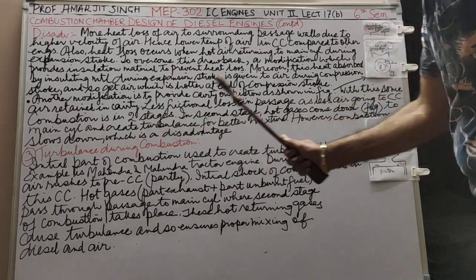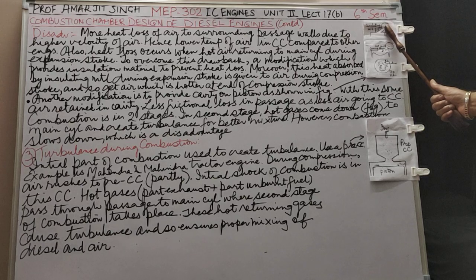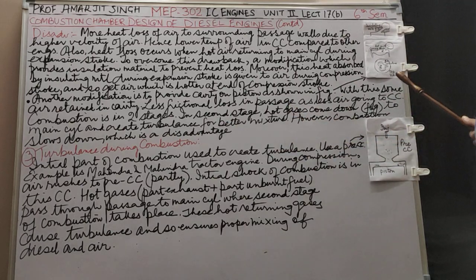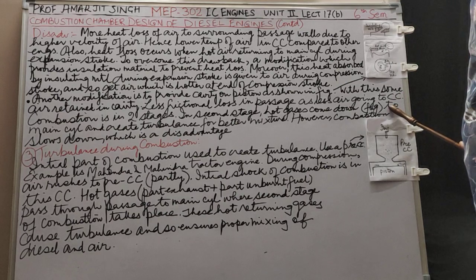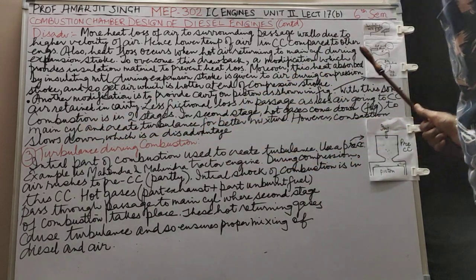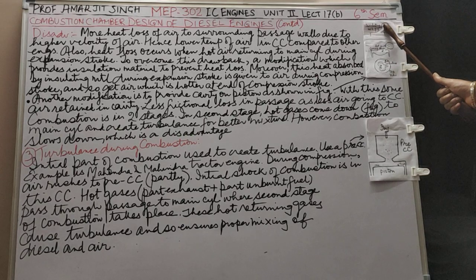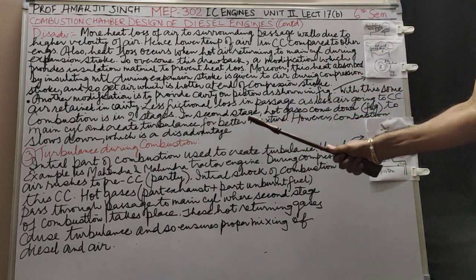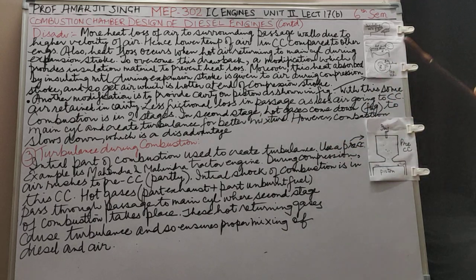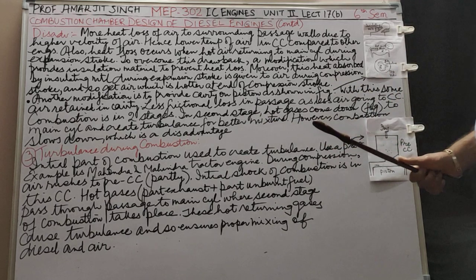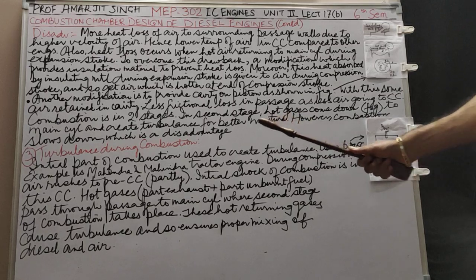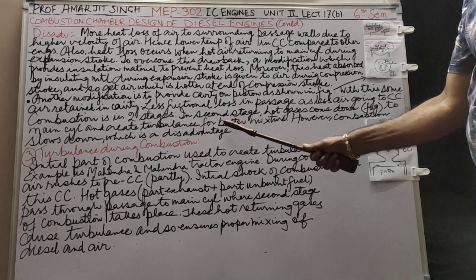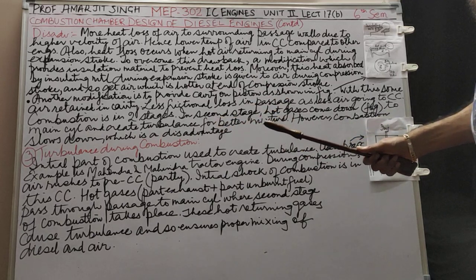So combustion is in two stages. The first stage was in the pre-combustion chamber. In the second stage, hot gases come down to the main cylinder. Second stage is in the main cylinder. These hot gases coming down create turbulence due to their movement and create a better mixture.